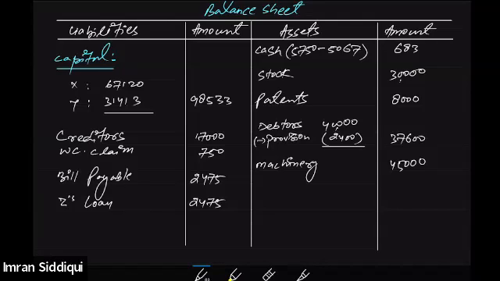Is that what you guys are also getting? No, sir. 1,21,283. On which side? On the asset side or the liability side? Asset side. 121,283. Hmm. That is what you said. 283.